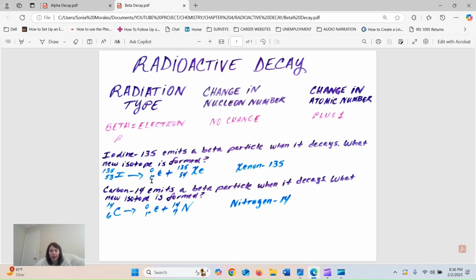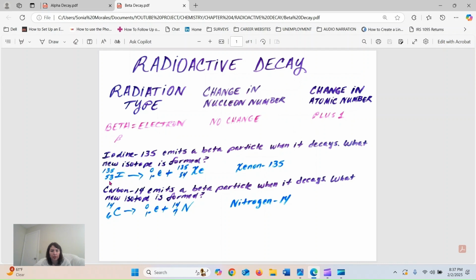So now you're going to add to this. How do you come up with this part? Well, the change in nucleon number is no change, so this 135 stays as a 135. And the change in atomic number is +1, which I already discussed earlier, and how I got that.